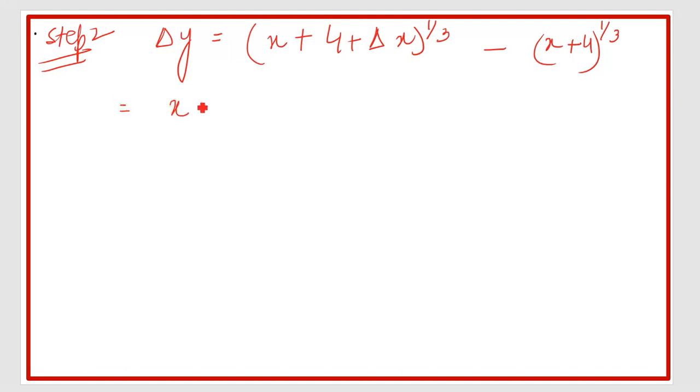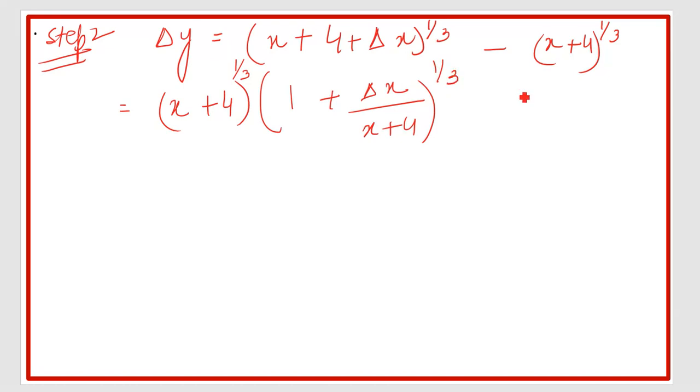If I take x plus 4 whole power 1 over 3 common, because it is here and here as well, okay, first I will take it from here. Then x plus 4 will be 1 plus delta x over x plus 4. This is a very important step. And here we have (x plus 4) whole power 1 over 3.